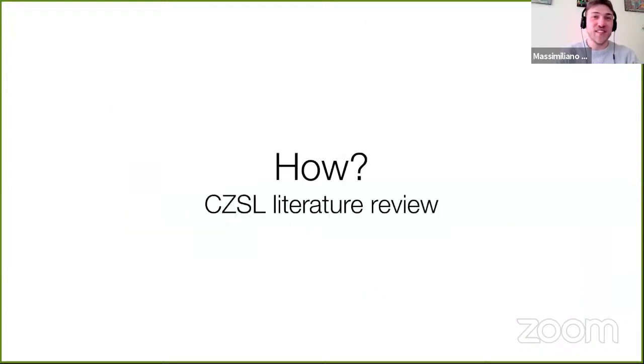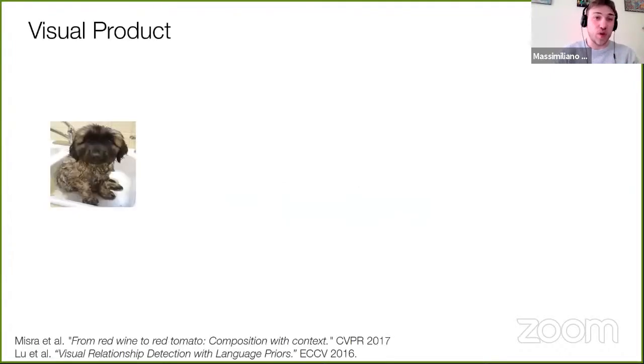So now the next point is how. I hope I explained well enough what this compositional zero-shot learning task is and why we need to care about it. Now I want to talk a bit about how we can address this task. In the literature, there are different works, but the very first basic strategy is what's called the visual product.